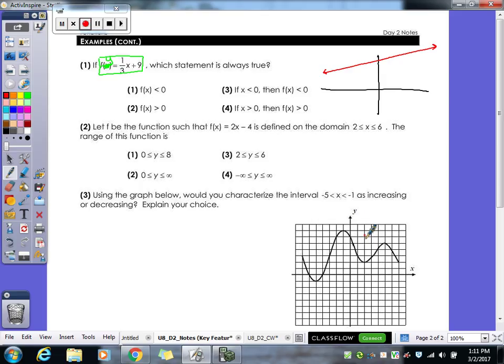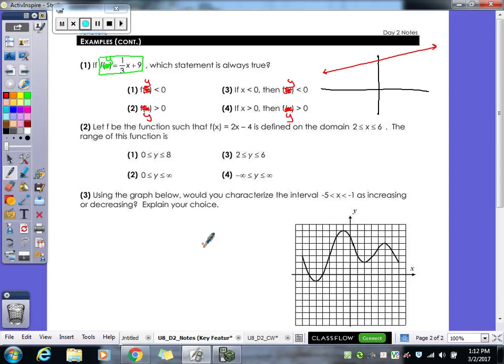Okay, so let's take a look at this. I like to change these f of x all to y's because you guys are usually better when you're dealing with y's. It makes it a little easier for us. So they're asking, is y always less than 0? Are these y values up here less than 0?